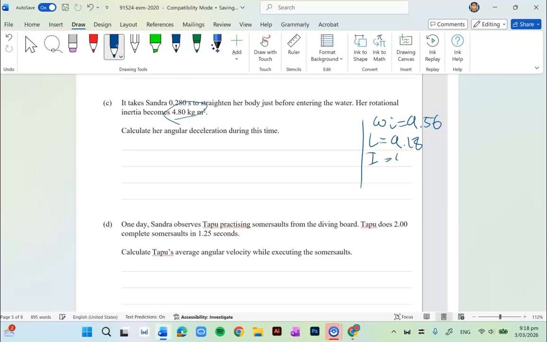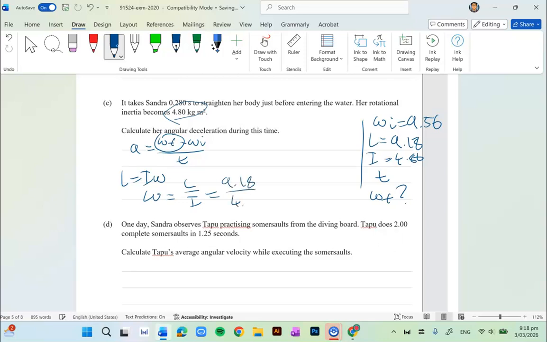Her new inertia is 4.8, and we've got the time, so we just need to find this, because we need to use this formula here. Alright, and we don't have that. So L equals this equals that, which equals 9.18 divided by 4.8. What's that? 9.18 divided by 4.8.